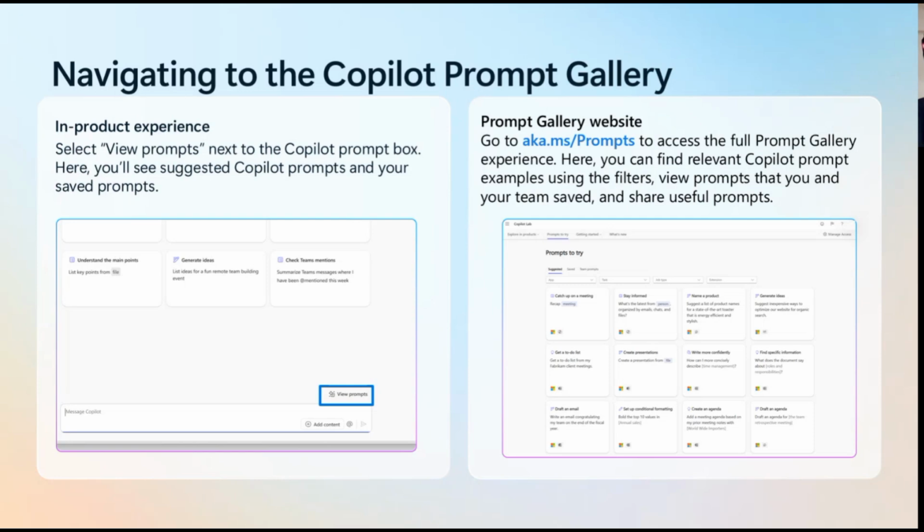The suite comes with the normal emailing system, it comes with Teams for instant messaging, and it comes with a number of other apps. So I want to find out, does this Copilot come with the Office 365 suite? Yeah, that's my question.